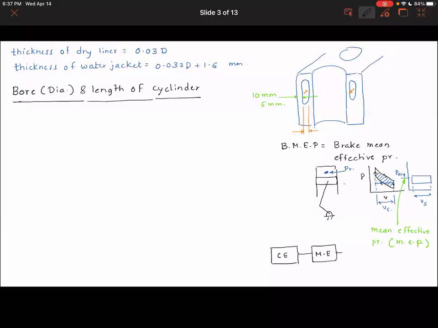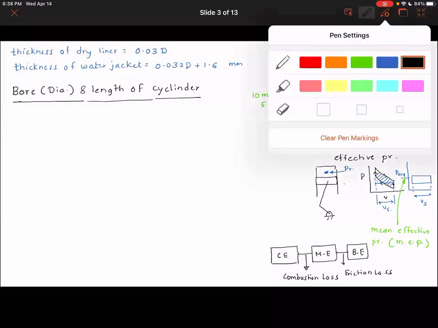And then there are some frictional losses. So there are some energy losses, combustion loss. Then here there is some friction loss. And at the end, what you have is something called brake power, or brake energy, but I'm going to call this brake power just to be consistent.